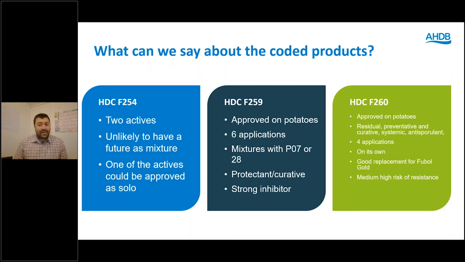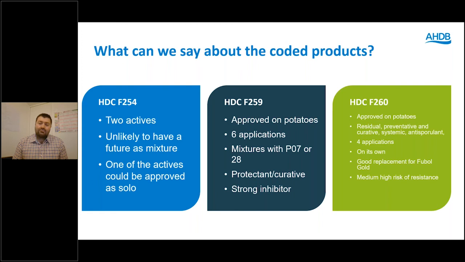It has 4 applications, so perhaps within a glasshouse cut flower crop, that could be very useful. And the beauty of it is that it has 2 active ingredients, so we could actually utilize it on its own without worrying too much about its resistance potential.